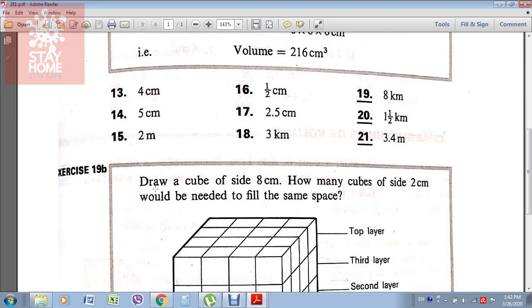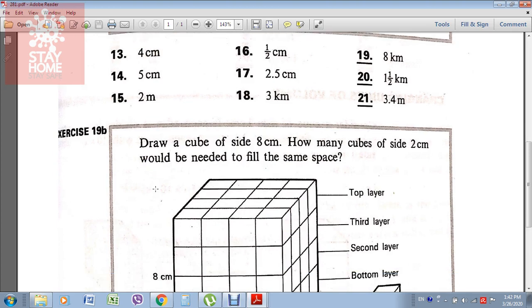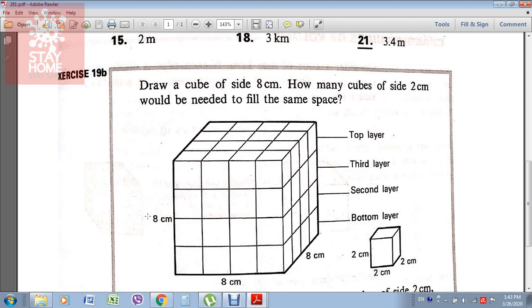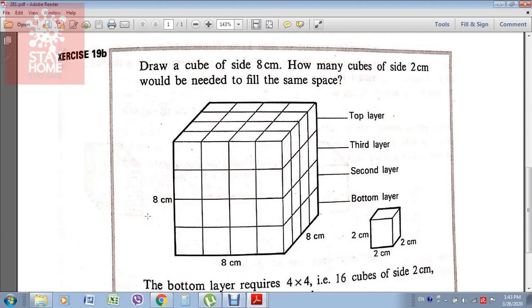Let's see exercise number 19b. Draw a cube of side 8 centimeter. How many cubes of side 2 centimeter would be needed to fill the same space? Here the big box is given, so you can find out the 1 unit.